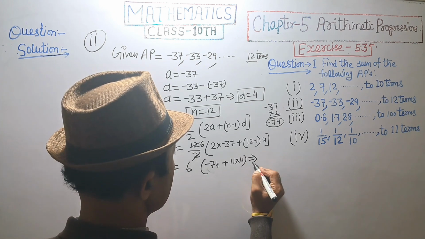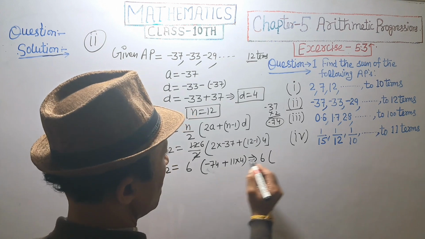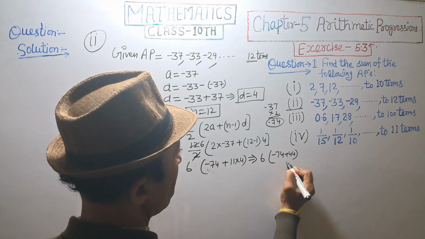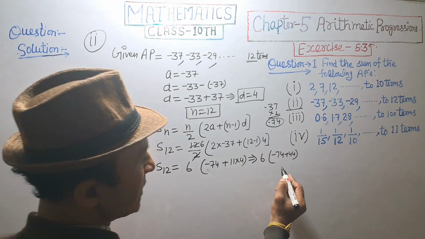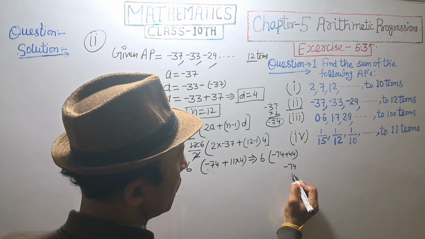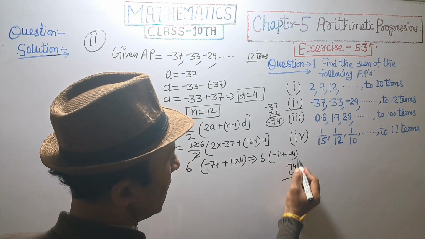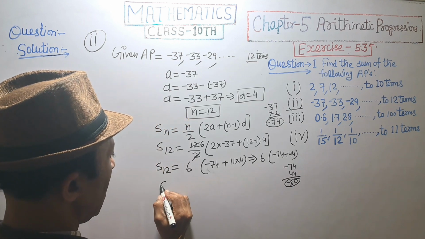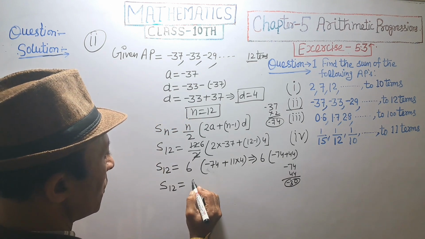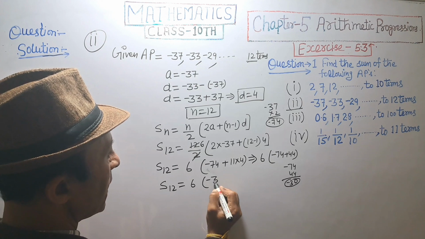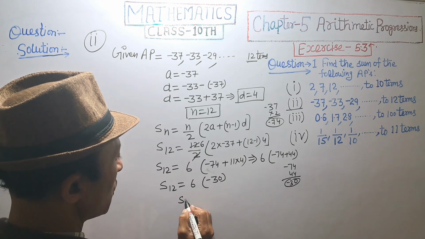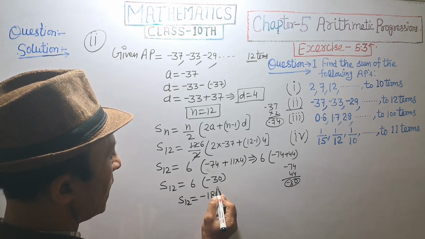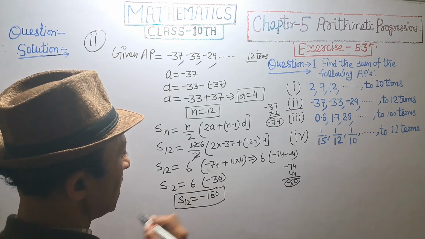This implies 6 into minus 74 plus 44. Subtracting this, we get negative 30, and S12 is equal to 6 multiplied by minus 30. So S12 is equal to minus 180.